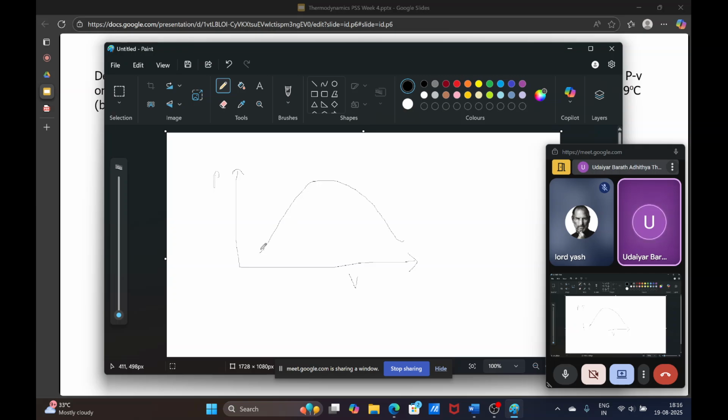The line to the right is your vapor phase line, and the line to the left is your liquid phase line.